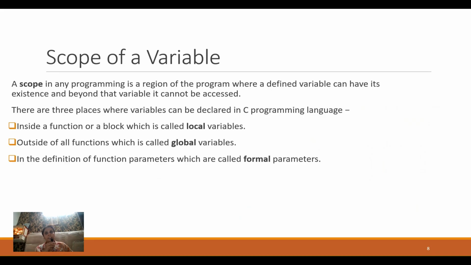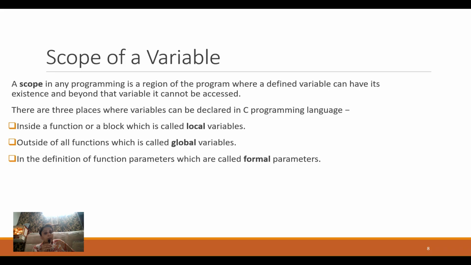Local variables basically are those data holders that are declared inside a program, basically inside a function or inside some if and else block. That is a local variable. It cannot be used anywhere else. It cannot be used beyond that function or beyond that block boundary.